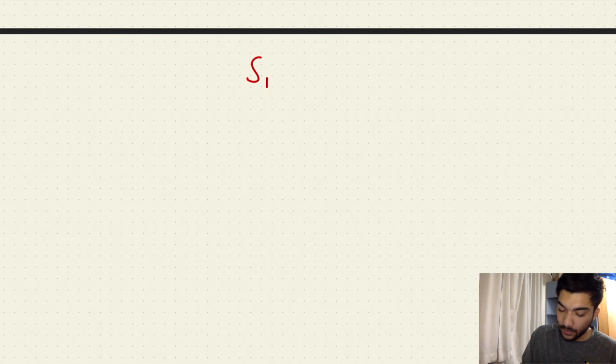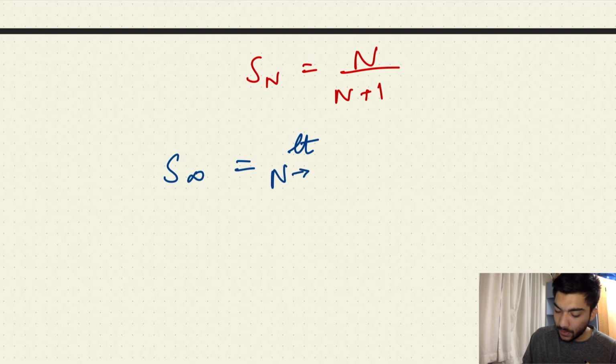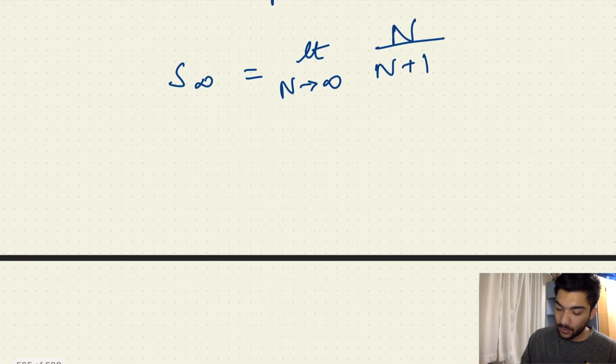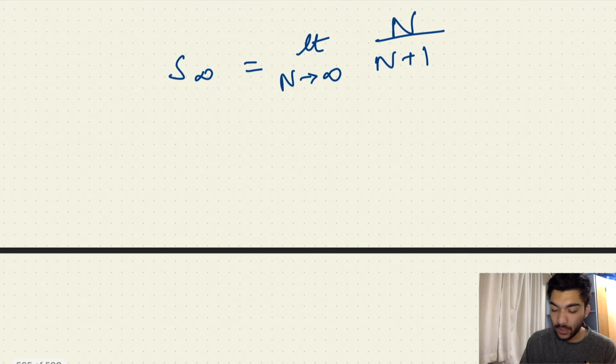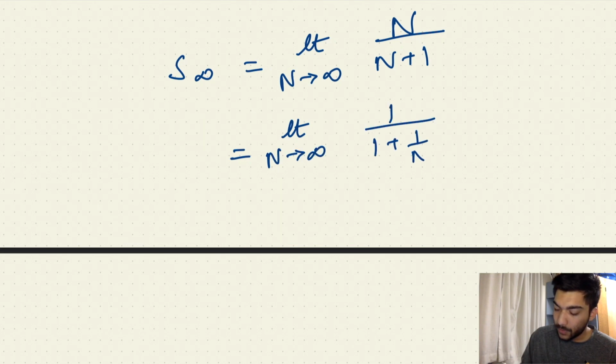So we know that capital S of n is basically n upon n plus 1. And now we want to calculate s of infinity. So s of infinity is basically limit capital N approaches infinity of our s of n. And this would be simply limit capital N approaches infinity of n over n plus 1. And we know that if we take n common in the numerator and in the denominator, we'll simply get limit capital N approaches infinity of 1 over 1 plus 1 by n.